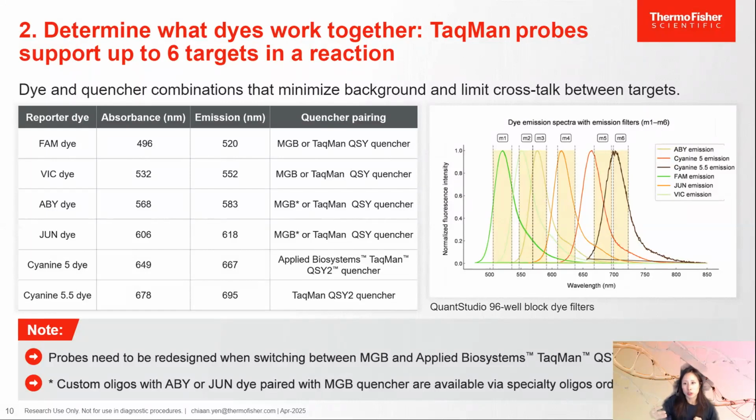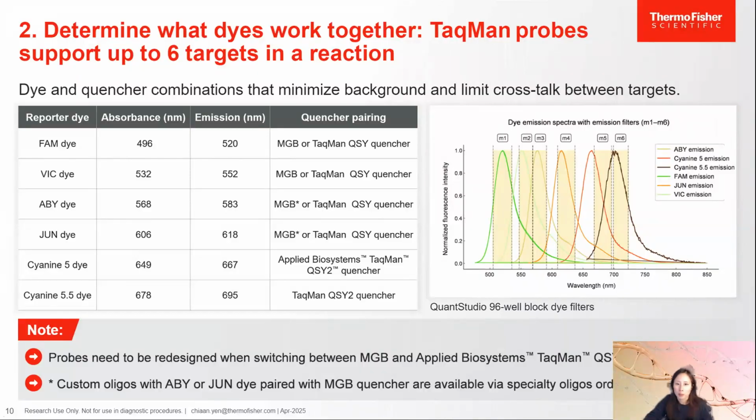So for Thermo Fisher, our TaqMan Pro portfolio offers 6 different dyes that can allow you up to 6 targets in a single reaction. So here we have FAM, ABY, JUN, Cyanine 5, and Cyanine 5.5.